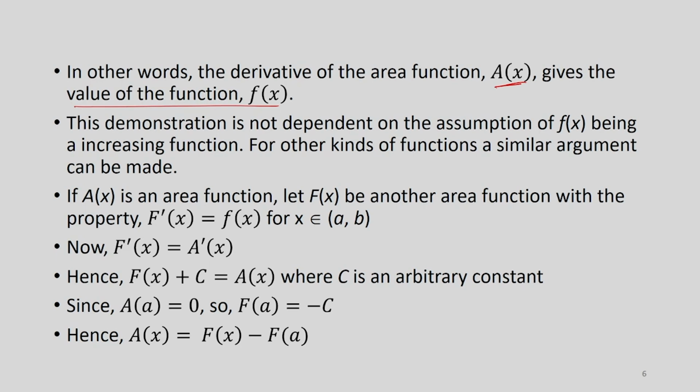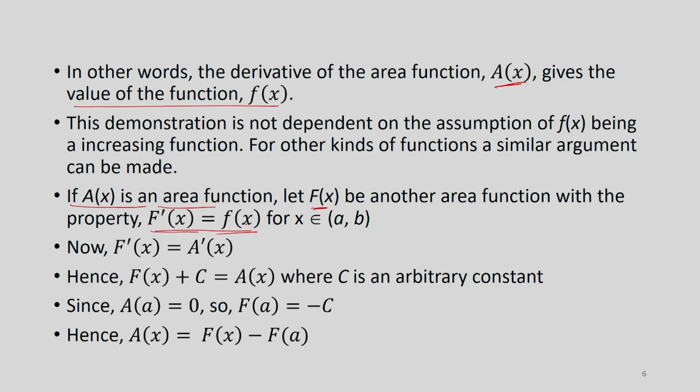If A(x) is an area function, now we are talking about something a little bit complicated. Suppose A(x) is an area function, let F(x) be another function with the property that F dash of x is equal to f(x) for all x belonging to this interval a to b. Suppose there is another function F(x) for which the same relationship holds.